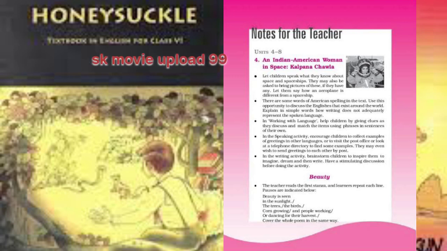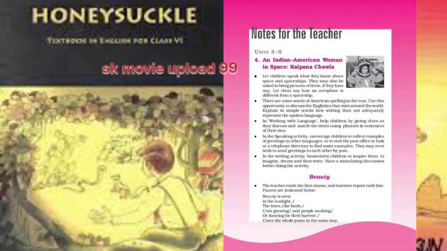Pauses are indicated below. Beauty is seen in the sunlight, the trees, the birds, corn growing, and people working or dancing for their harvest. Cover the whole poem in the same way.